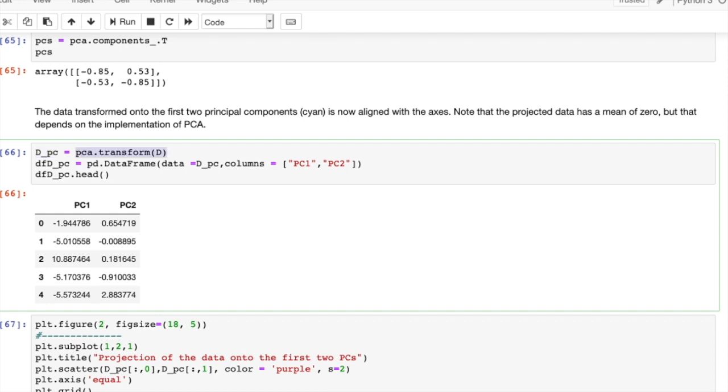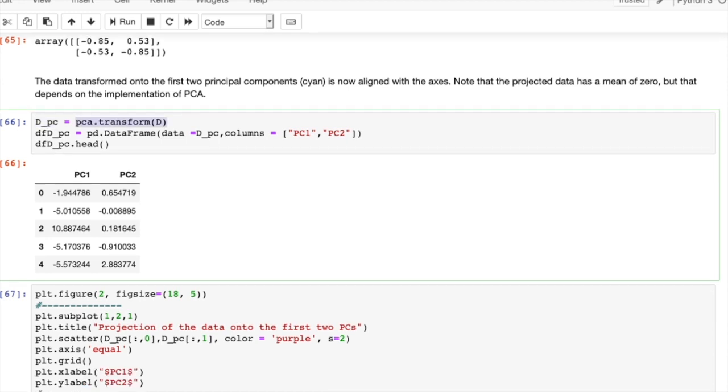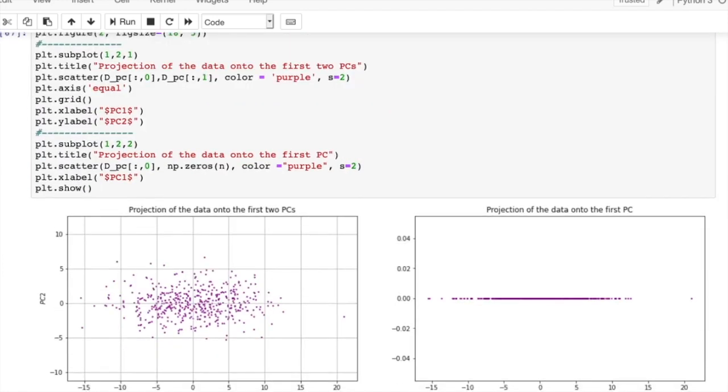Now we get our data represented by means of the principal components. We have these two features, PC1 and PC2 now. And what would the data look like? We have used the centered data matrix representation, so the ellipse is rotated and centered. And you see that along the first principal component, the data points spread the most.